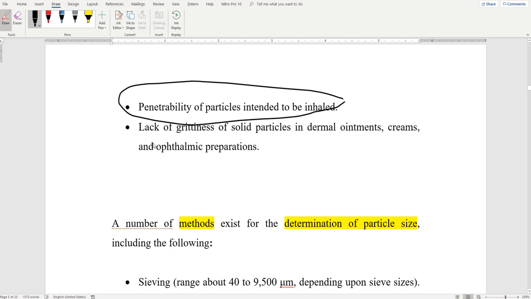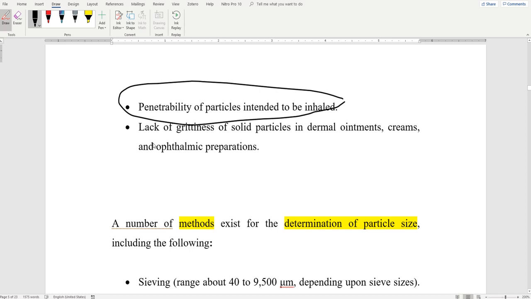Grittiness means you feel the particles, and it will not be comfortable and it will not spread as you like. So in order to avoid grittiness of the dusting powders that you apply to the skin, you need to have very fine powder.